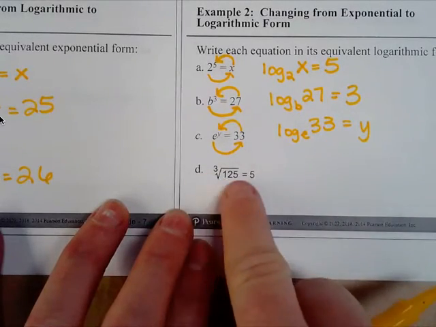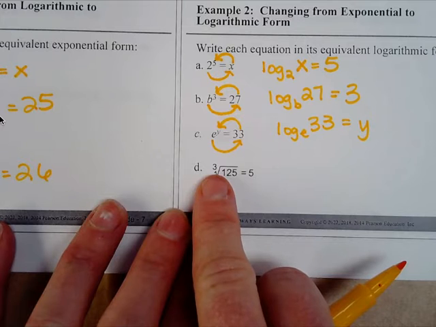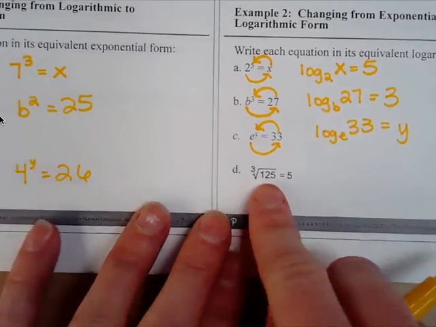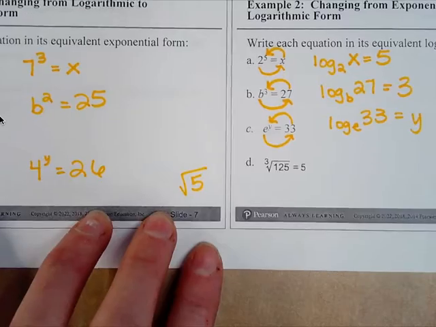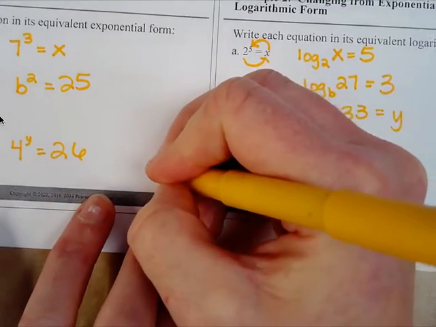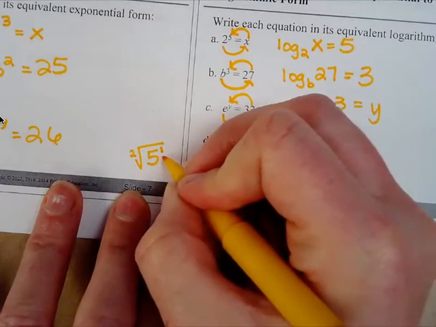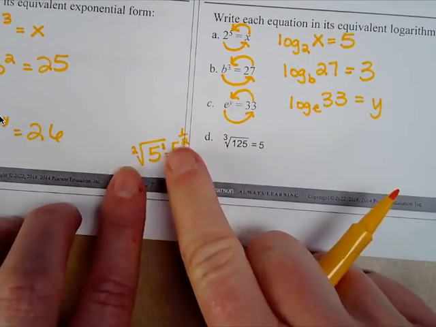Okay, so we've got to do something here. This is not written in exponential form. How do we convert this to exponential form? Y'all remember square roots? Like if I have the square root of 5, we can convert that. So this is squared, this is to the first power, so 5 raised to the half power. These are equivalent forms.